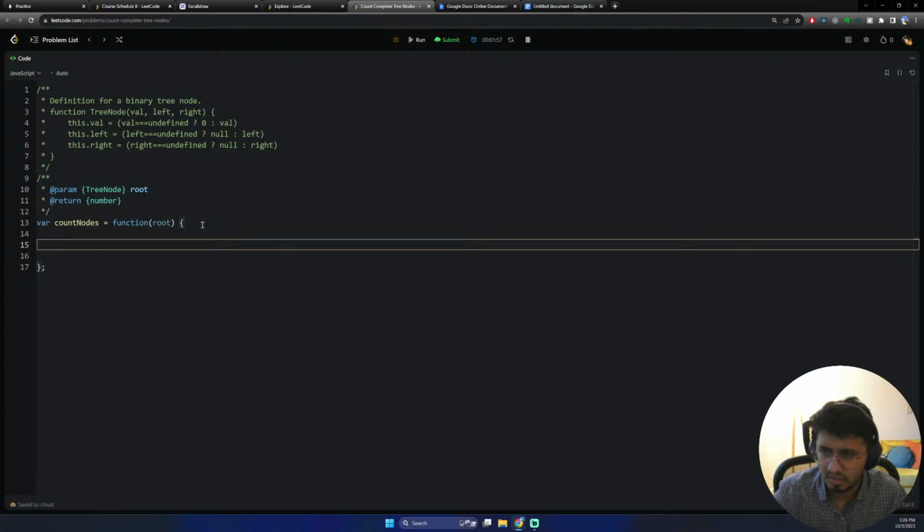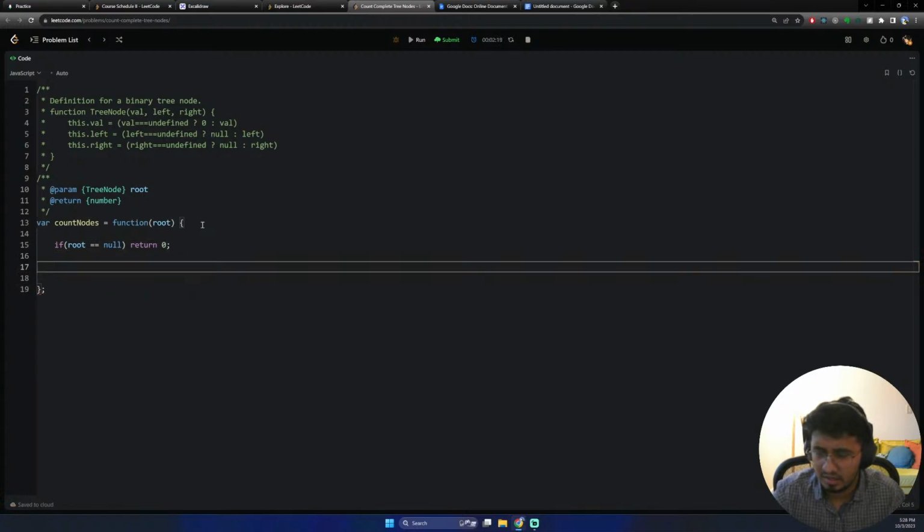What we'll do is we'll write a function. We can just do this, right? If root equal to null, then we will return 0.